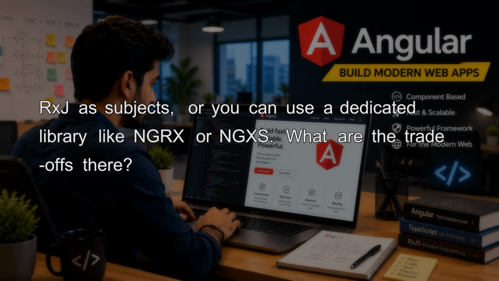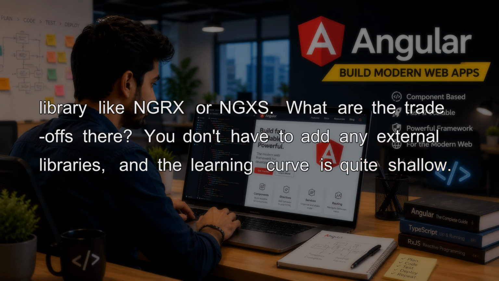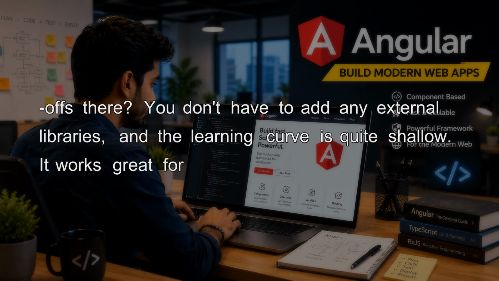That is a classic architectural trade-off. Using a global service with subjects is the simplest approach. It is very fast to set up. You don't have to add any external libraries, and the learning curve is quite shallow. It works great for small to medium apps.